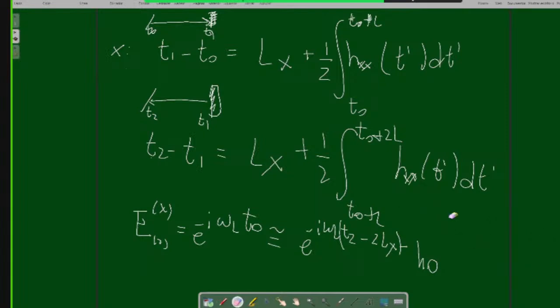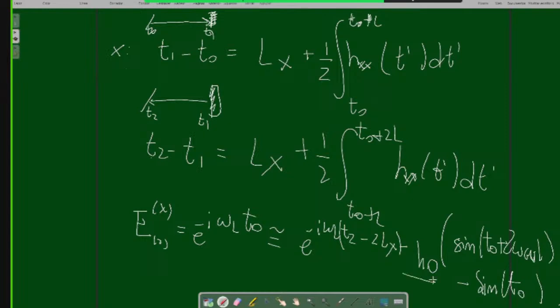And then I get sinus of t0 plus 2 omega GW L minus, sorry, I have to go in the line below, t0, if I did things right. Exactly, no, I was right. And this was the integral. Once I integrate, I get 1 over omega GW, because this was the cosinus, I integrated sinus divided by omega.